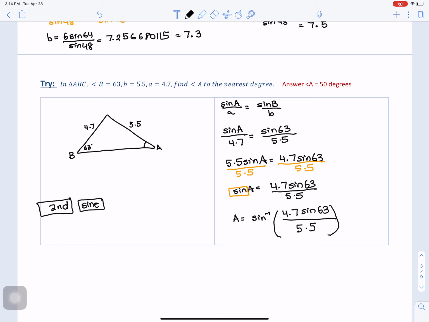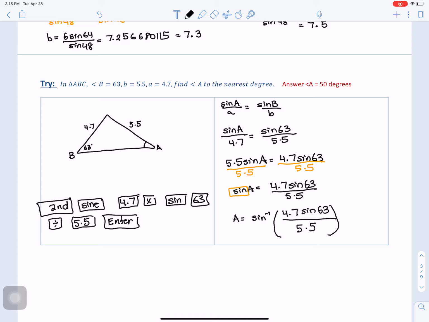It's going to start a bracket for you. You're going to type in 4.7 times sine 63 divided by 5.5, and then end your bracket and then hit enter, and you should get the correct answer.